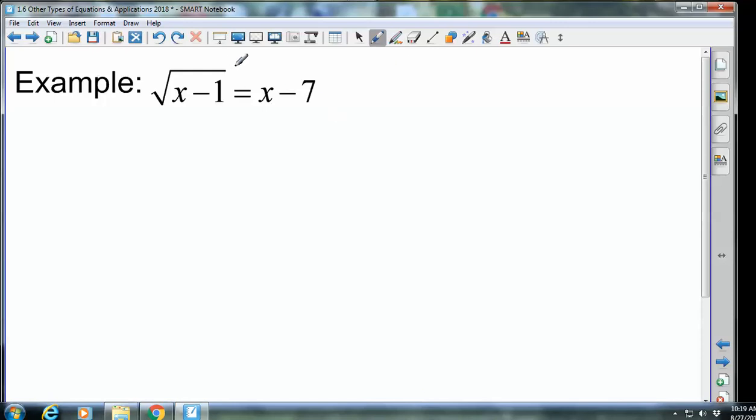Now we have to cancel it. What is the opposite of a square root? Square. When you do a power, you are taking it to each side. So I'm not squaring each term, I'm doing each side of the equation. So those cancel. But over here I'm left with x minus 7 squared. What does that mean? You have to write it twice and FOIL it.